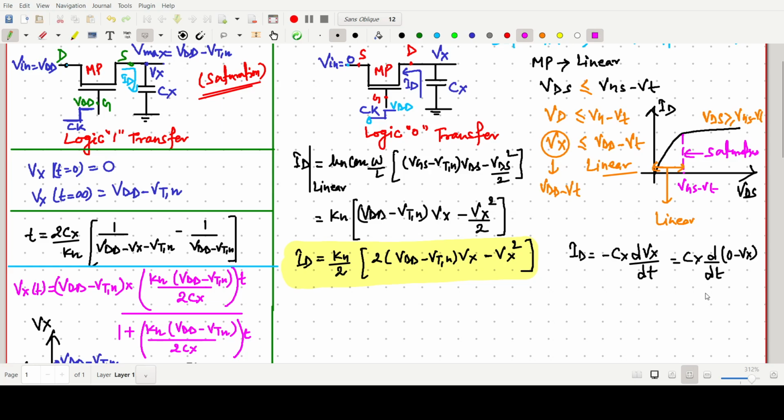I will make a diagram here: Cx, current ID flowing like this, this potential is 0 volt and this potential is Vx.